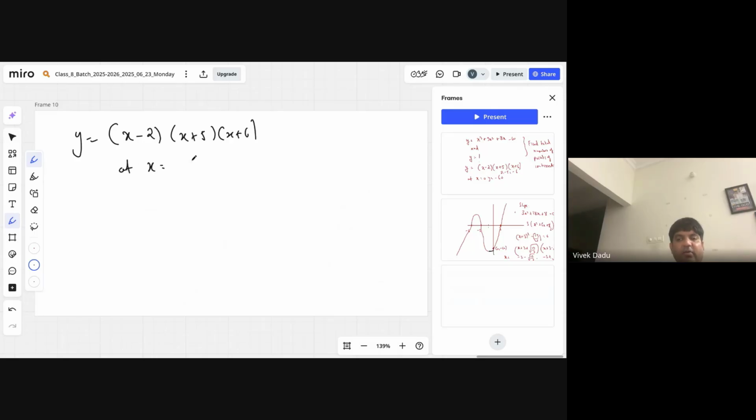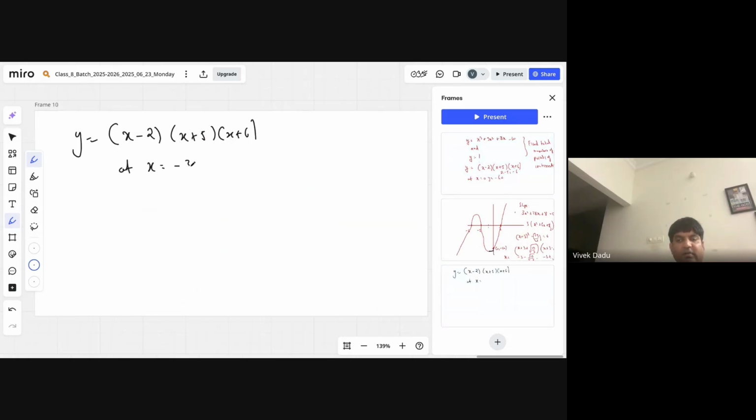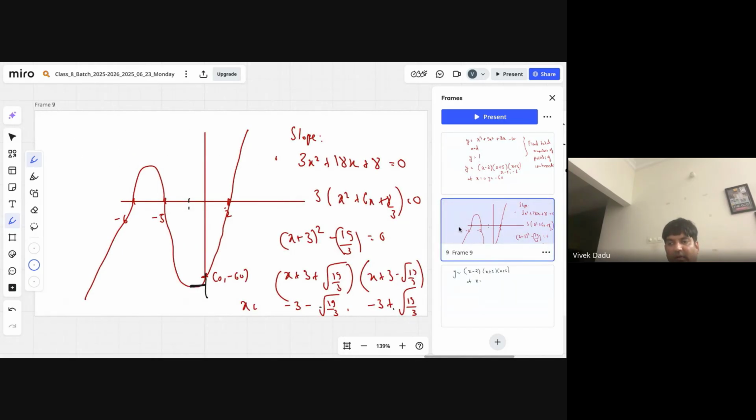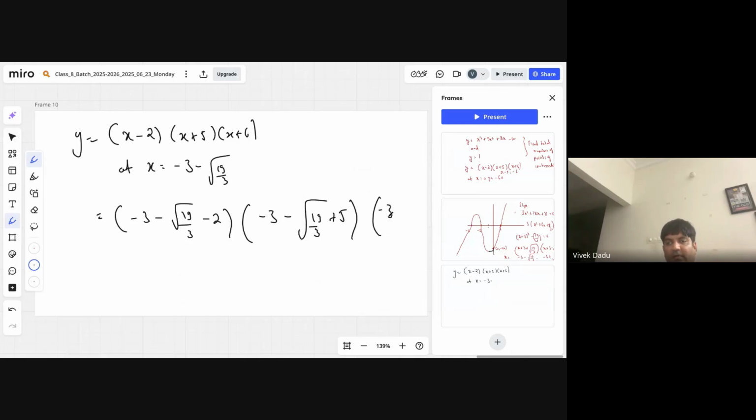Now at x equal to minus 3 minus root 19 by 3, let's put it. Minus 2, minus 3 minus root 19 by 3 plus 5, minus 3 minus root 19 by 3 plus 6.